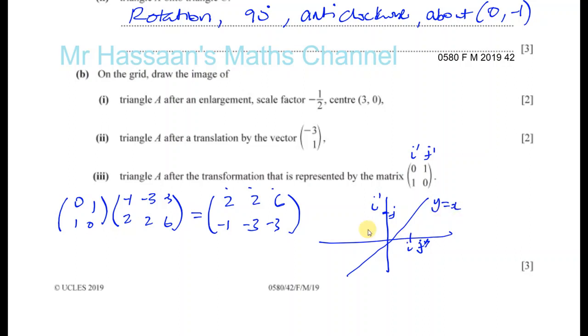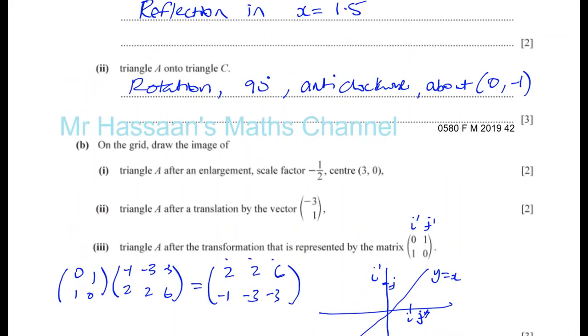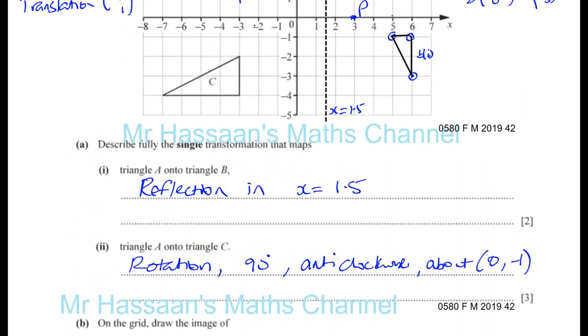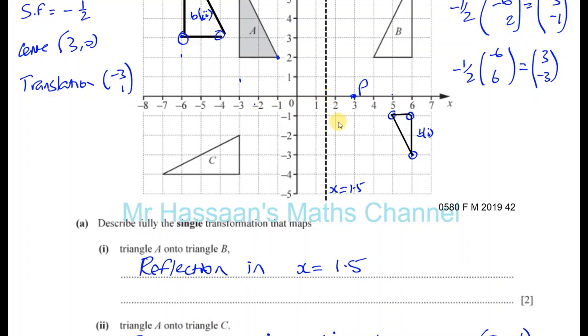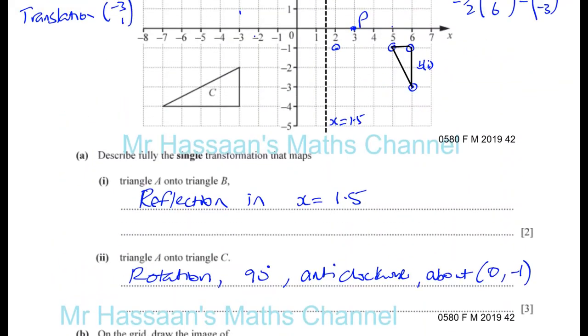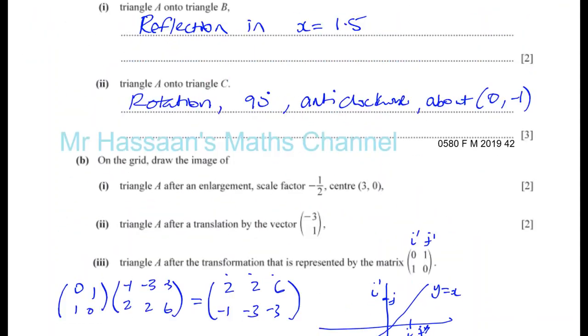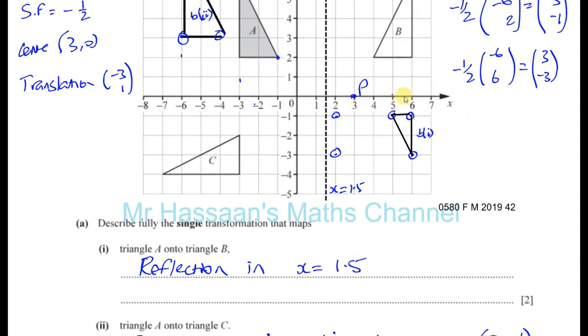This one requires a bit more thought, but once you get used to it, it's quite easy. This one's more calculating, but let's show you what we get. 2, minus 1; 2, minus 3; 6, minus 3. 2, minus 1, and it was 2, minus 3, and it was 6, minus 3, over here.